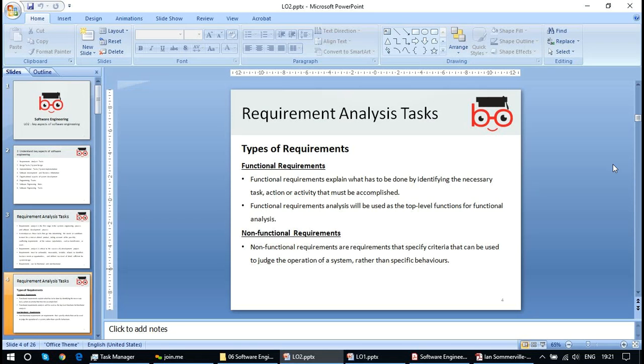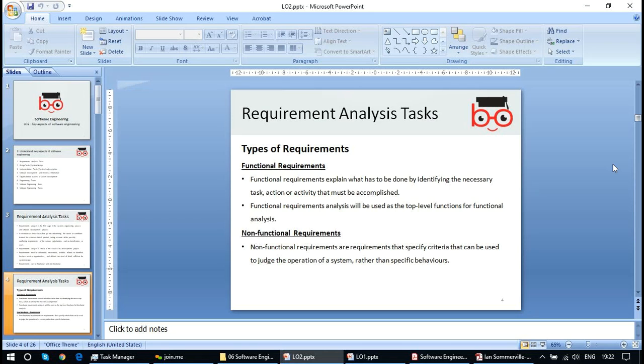Let me tell you. The functional requirements are what functionalities technically need to be provided, A to Z. And the non-functional requirements are how well those functionalities work.